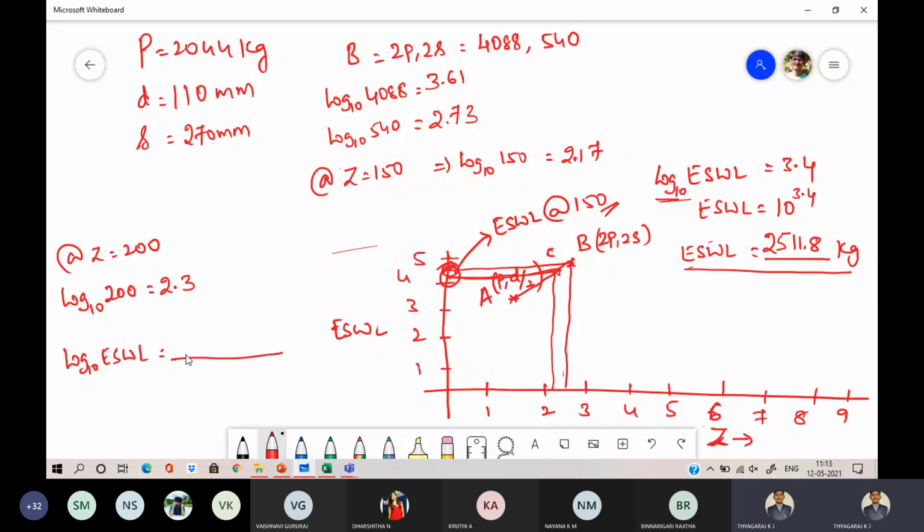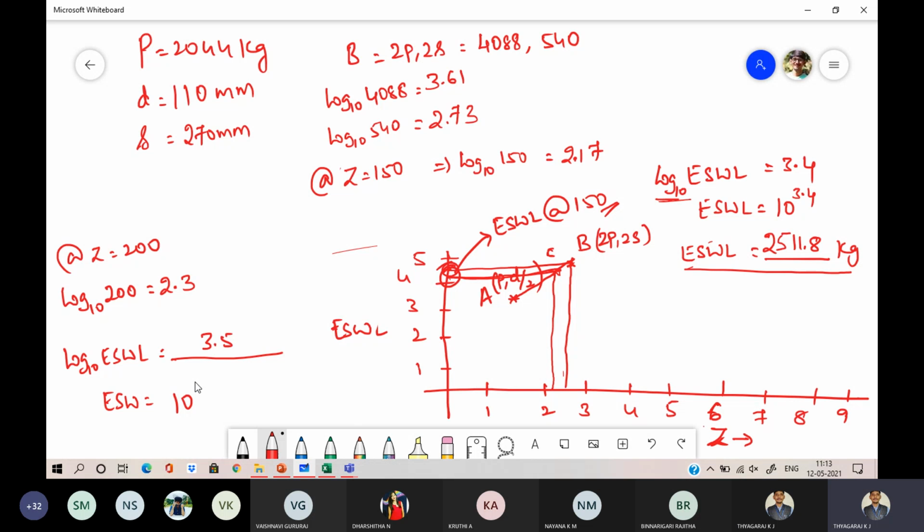So it will be in decimals. So ESWL is equal to 10 power this value. How much are you getting? 3.5, sir.